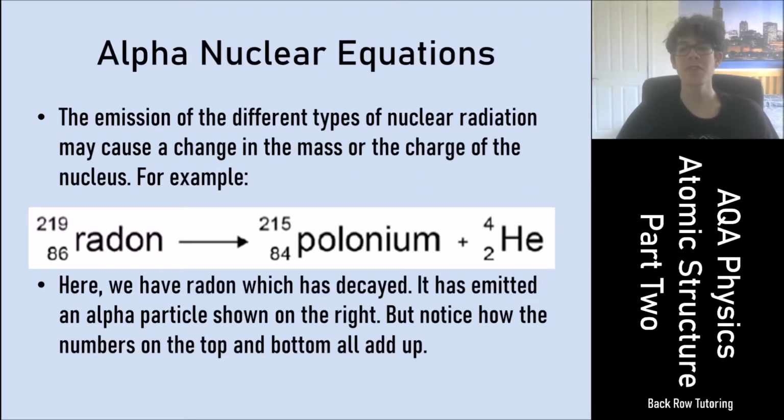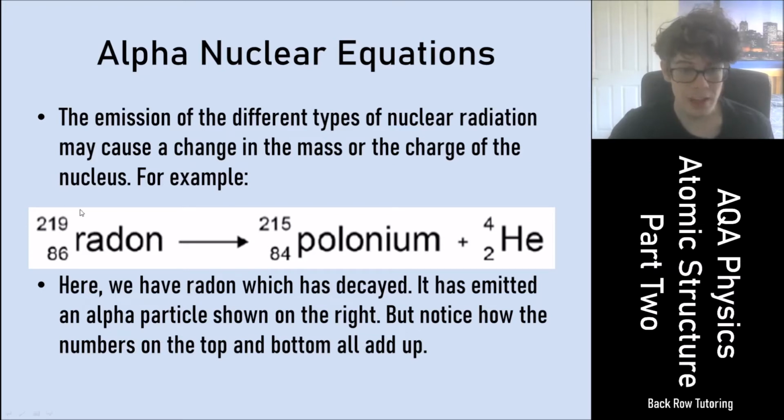So the emission of different types of nuclear radiation may cause a change in the mass or the charge of the nucleus. Let's take this for example. Here we have radon, which has decayed. It has emitted an alpha particle, shown on the right, but notice how the numbers on the top and bottom all add up. So let's say we start with a radon atom, or a radon nucleus.